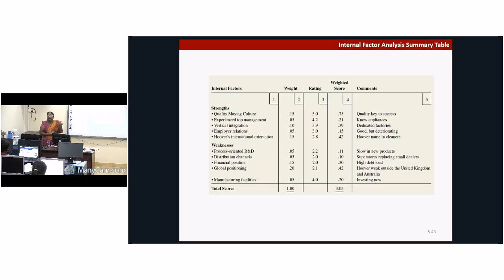Sometimes our organization's culture will be a strength, sometimes a weakness. Then you give them ratings, quantify, and finally get the internal factor analysis summary. The value you receive is the total score, and that is the value for the internal strategic position.